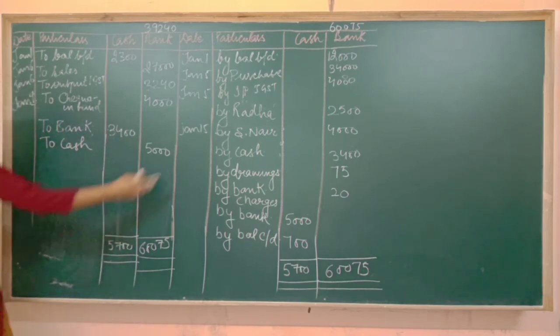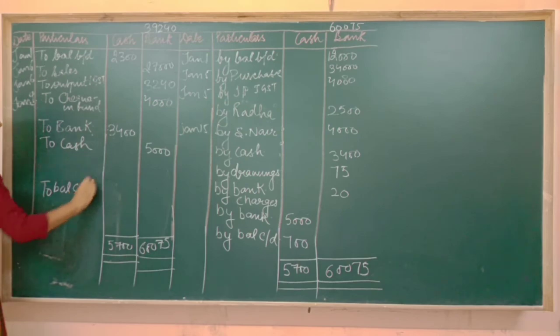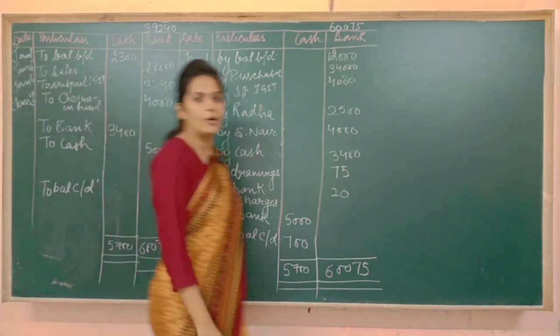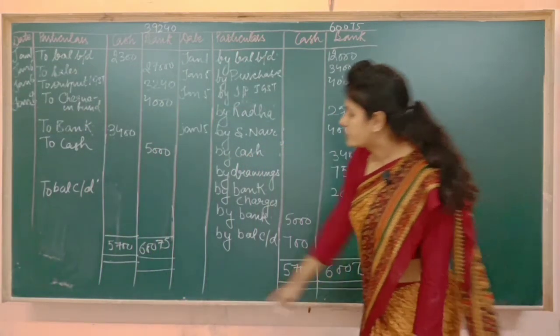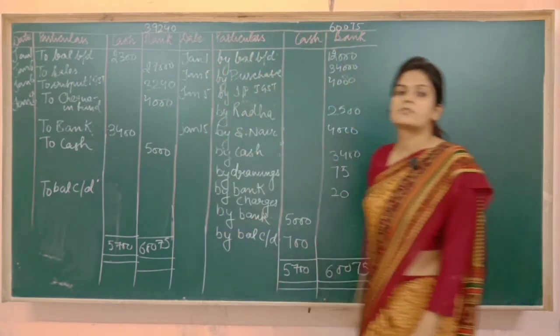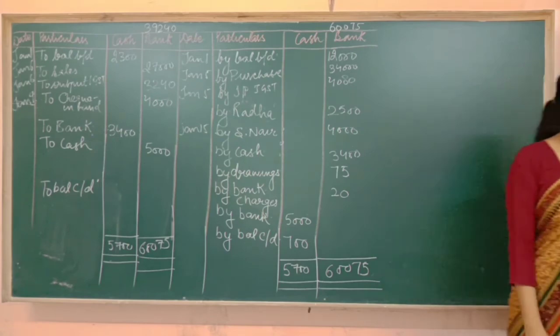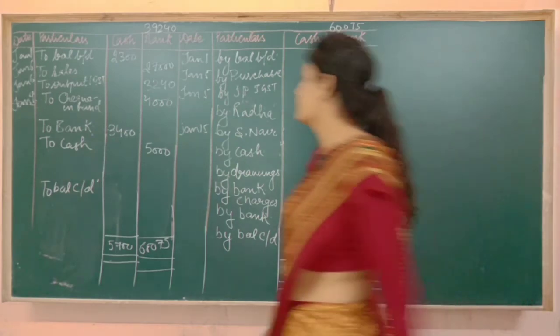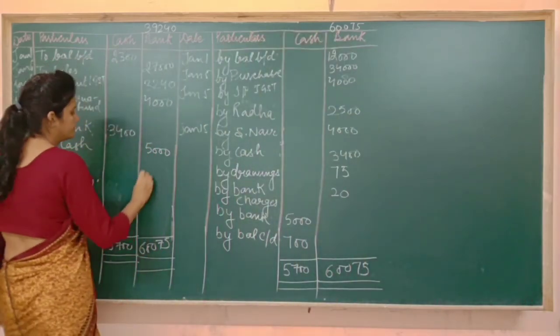So to make them equal, I should write some balance on the debit side. And how to calculate that balance? That will be 60075 minus 39240, which is equal to 20835.